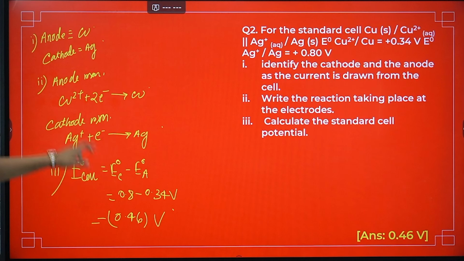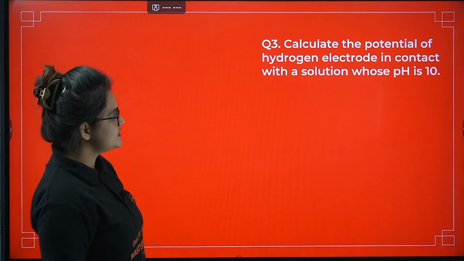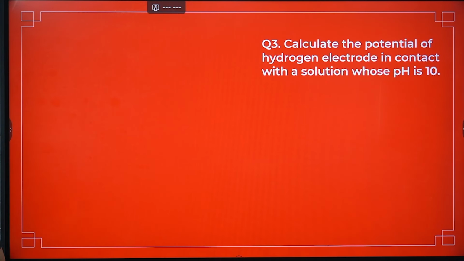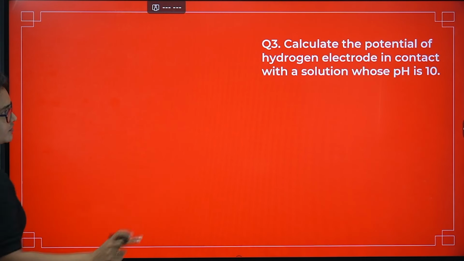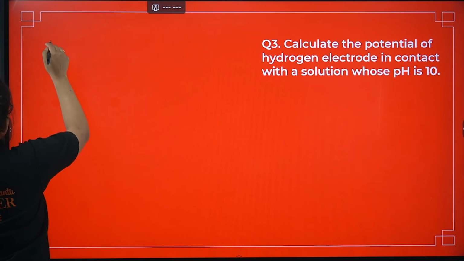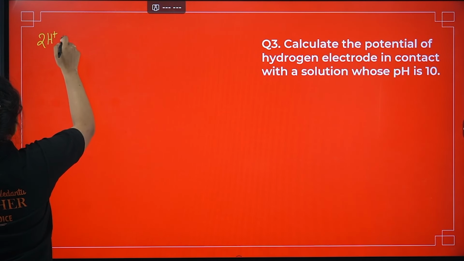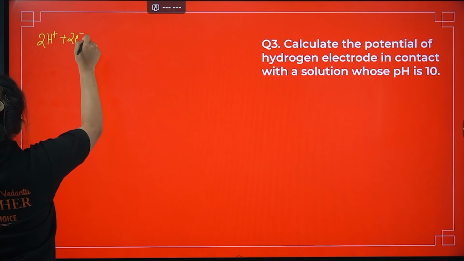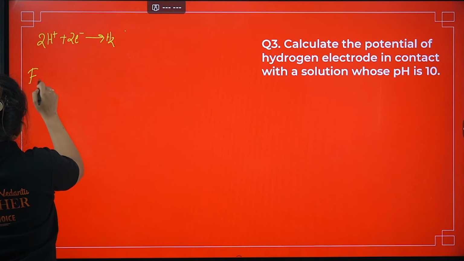Let's go ahead. Calculate the potential of hydrogen electrode in contact with the solution whose pH is 10. Very nice problem basically. From the pH value we will get the concentration of H plus. Here you can see the reaction going on: 2H plus takes up 2 electrons to give you H2. Now let's write the Nernst equation.